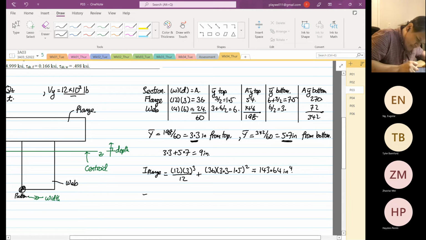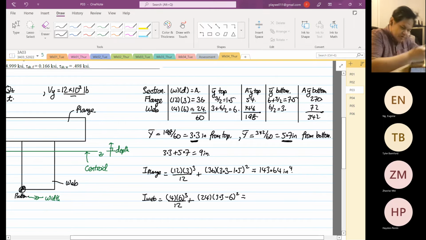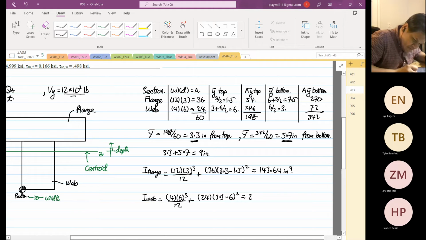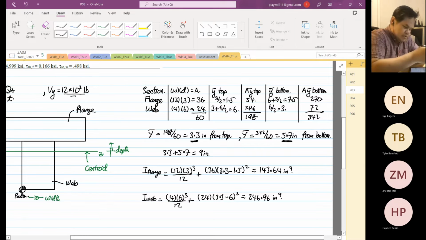Then we will do I web, which is equal to 4 times 6 cubed divided by 12 plus 24 times (3.3 minus 6) squared, which is equal to 246.96 inches to the power 4. So I'll do it again.